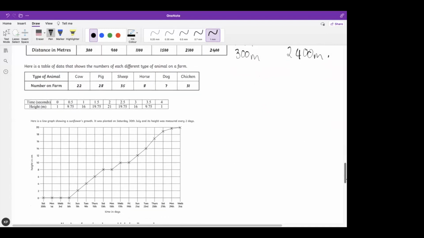Okay, let's do these ones. We're on the graph there. So this is a line graph, obviously, showing a sunflower's growth every 2 days. Okay, so is this continuous or discrete data?